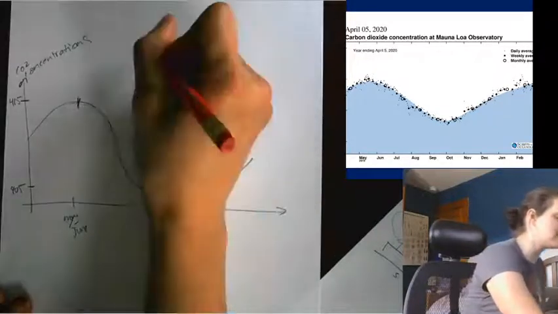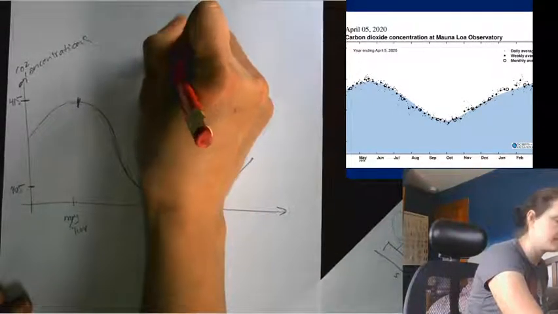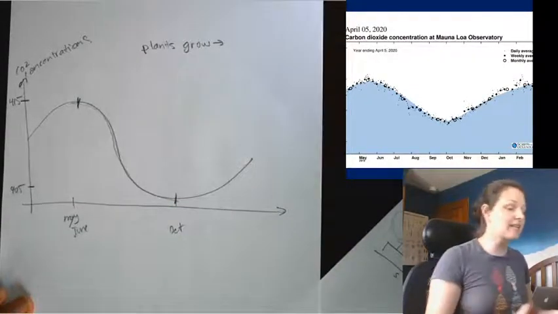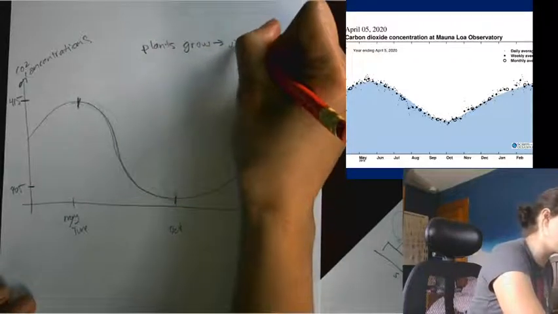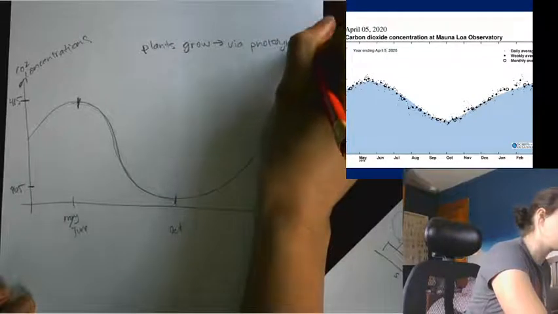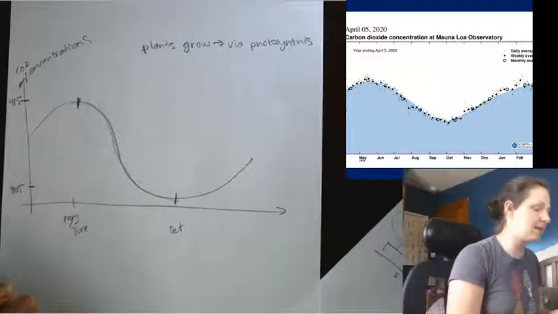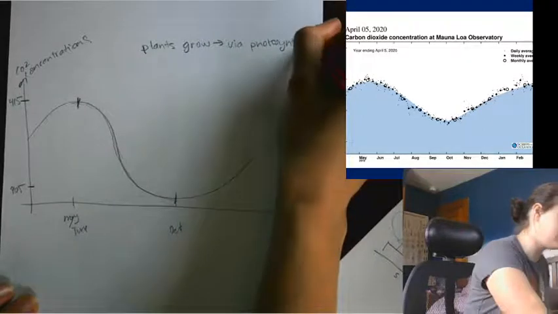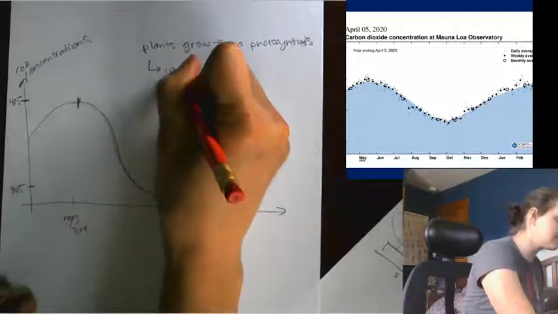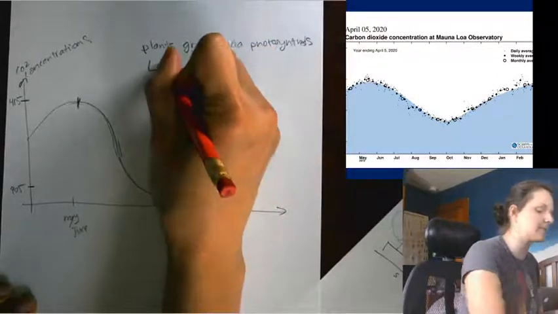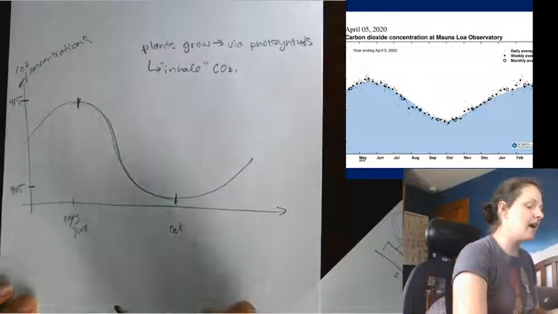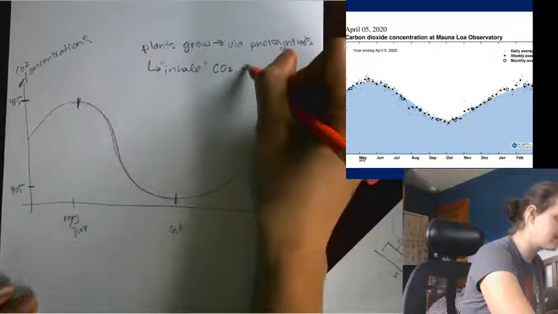What you learned is that when plants grow, they photosynthesize, which means that they inhale carbon dioxide. Now, plants don't breathe, but I'm just going to say that they inhale carbon dioxide, and they exhale.